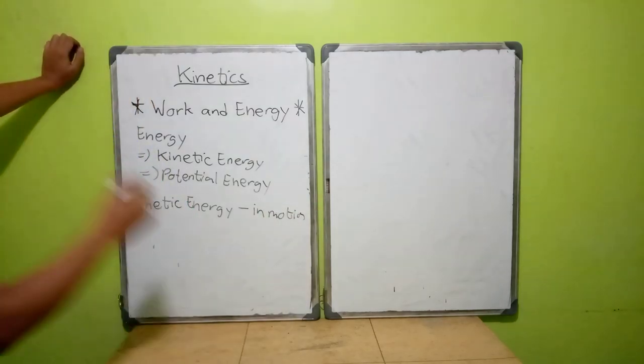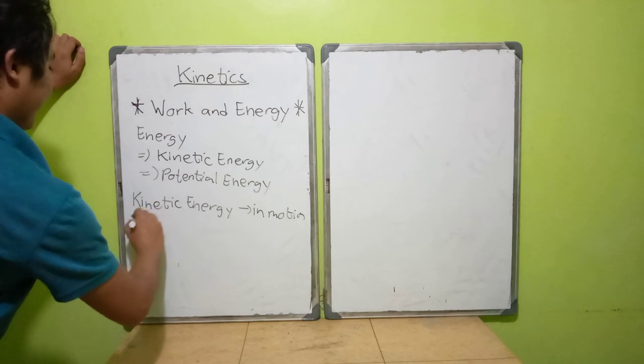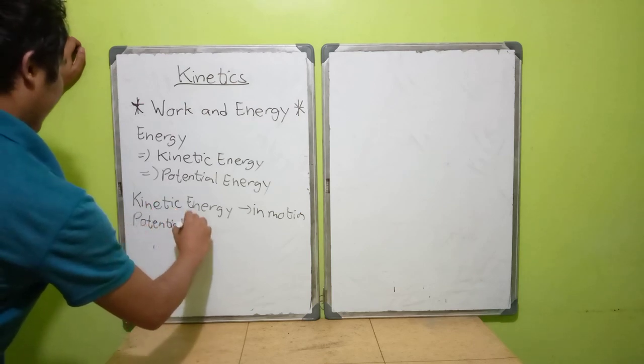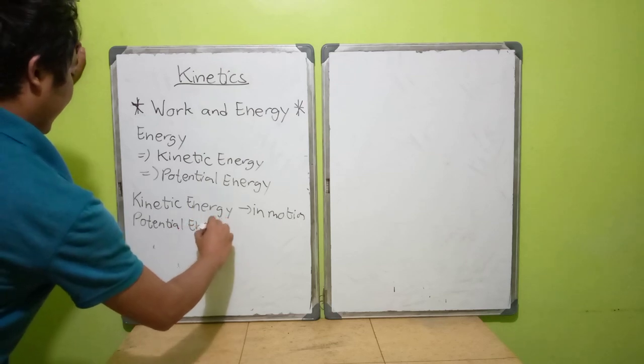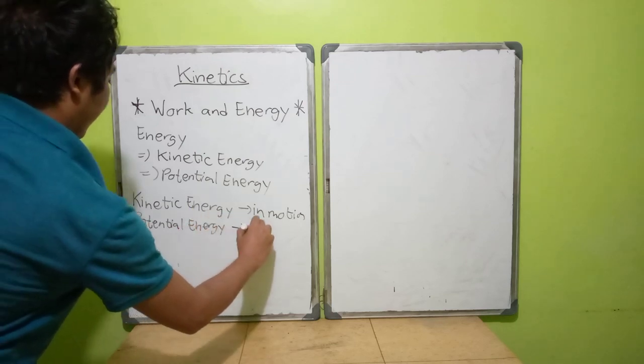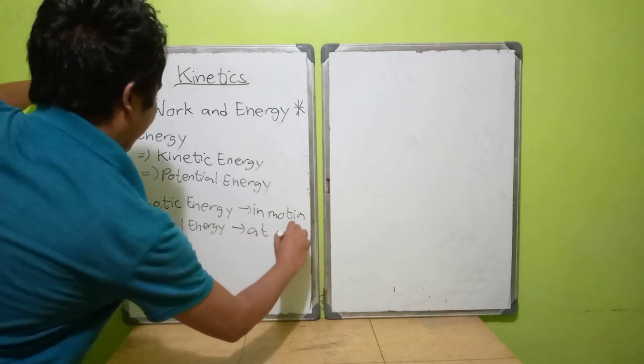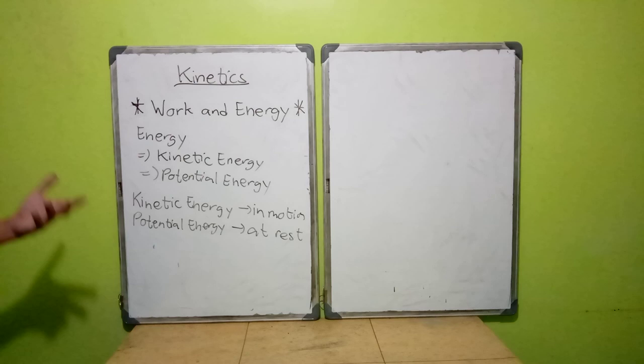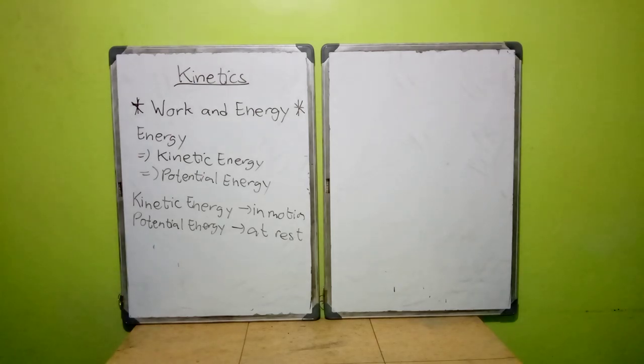Kinetic energy is energy in motion, while potential energy is energy at rest. These are the basic definitions you might have encountered during your high school days: kinetic energy and potential energy.